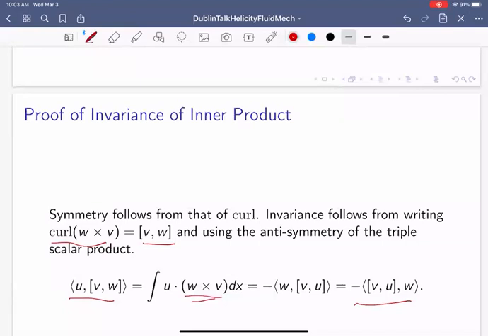I'm skipping over some issues about boundary conditions. So the boundary condition for an ideal fluid is that the velocity at the boundary should be tangential. That is, the normal component should be 0. That is simply the statement that the fluid doesn't cross the boundary. So with that boundary condition, one can again verify that the statements that I'm saying are true.